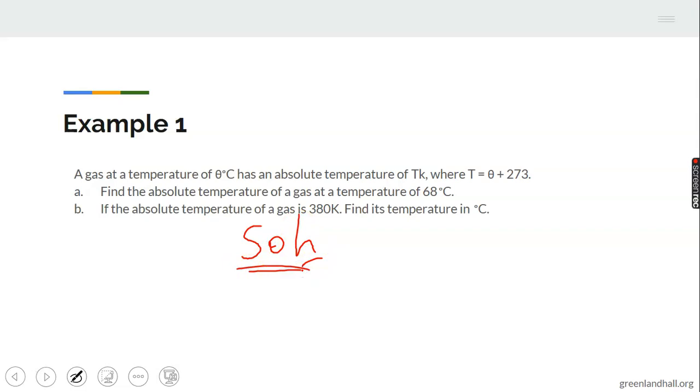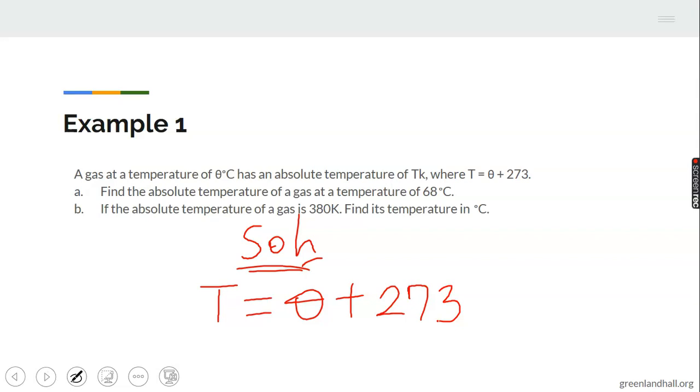First write out the formula: T equals theta plus 273. This is when you want to calculate the temperature in Kelvin. Are you getting me now?